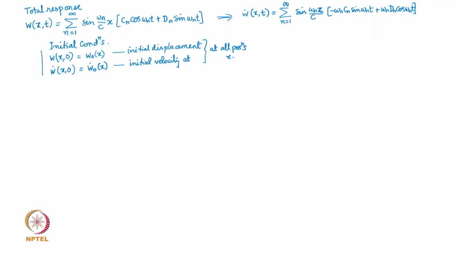Now if we implement these initial conditions, the first condition gives me what? W naught of x, by substituting t equal to 0 in the first equation.